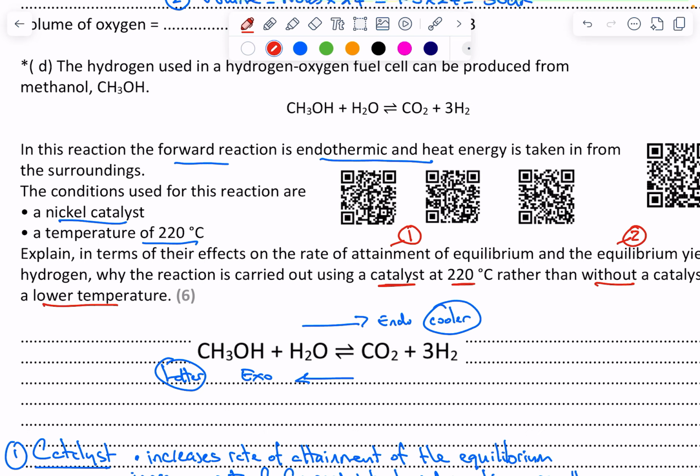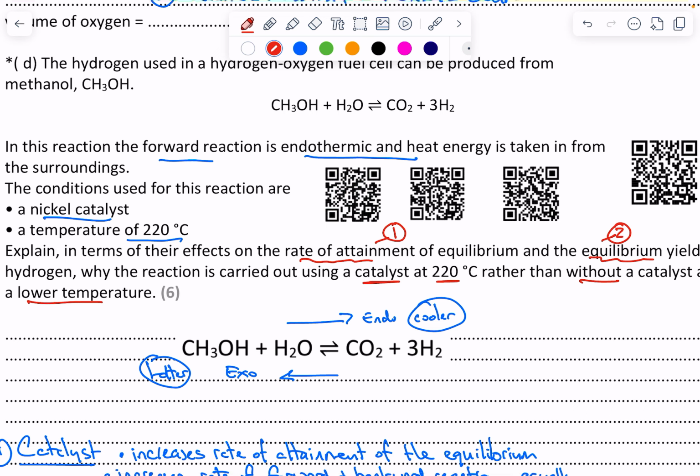Okay, so I need to talk about attainment, so that's part 1, and equilibrium, and why a catalyst is better and why this 220, which is a higher temperature, is also a better condition for this reaction.